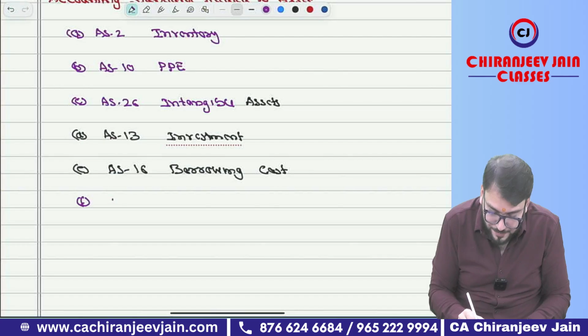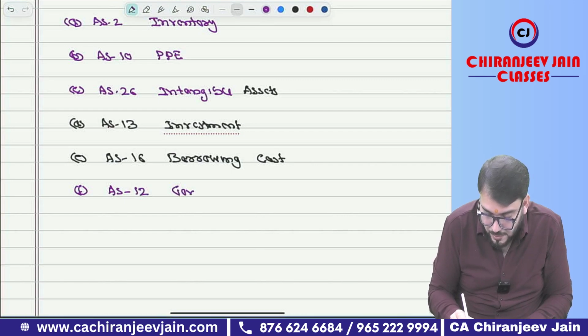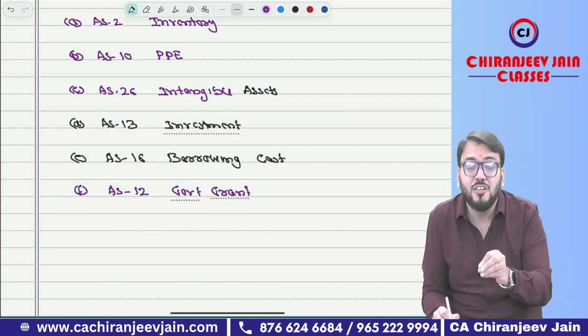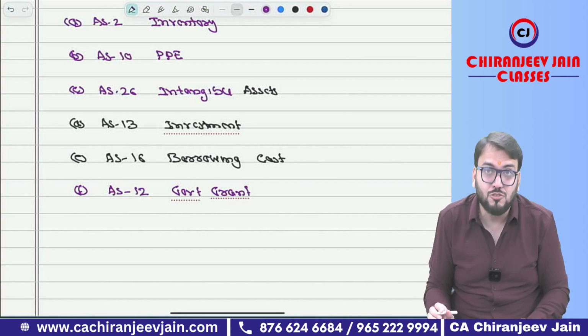Then we have AS12, government grant. Now government grant, sometimes when we purchase an asset we receive a grant. One doubt will come: what is the accounting treatment of the grant? That we will discuss in AS12. Okay sir.